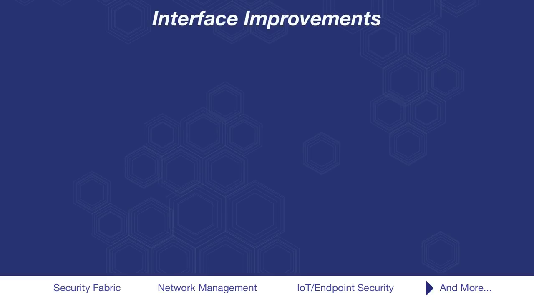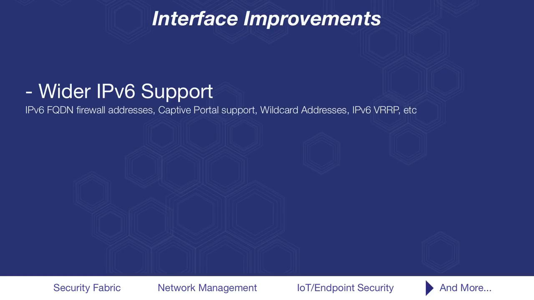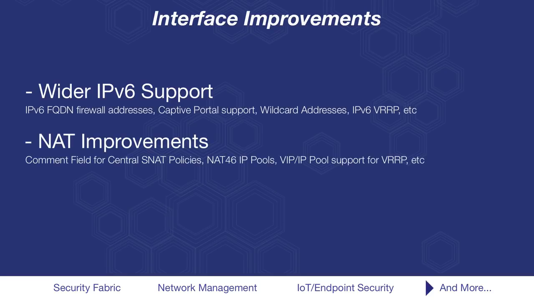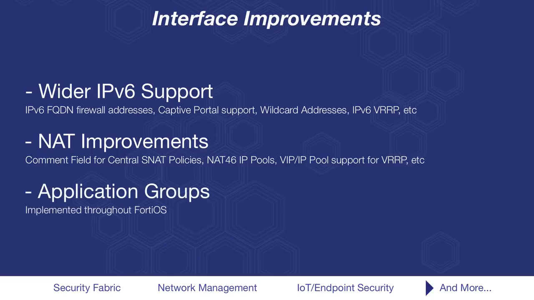6.0 includes a number of interface updates and enhancements, including wider IPv6 support, multiple NAT improvements including a comment field for central SNAT policies, also application groups for more granular application control, implemented in next-generation firewall policies, SD-WAN rules, and other locations.